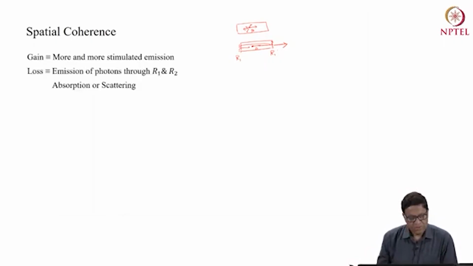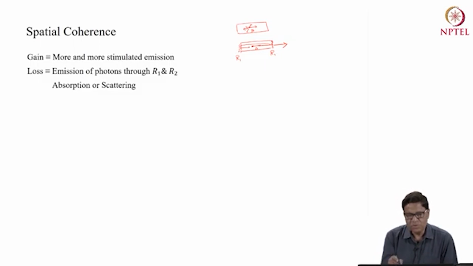So in order to have spatial coherence, we want to have high gain, that is more and more stimulated emission, so that it compensates for the loss. And the loss is happening because some light is coming out of R1 or R2, and some absorption and scattering happening inside the material.